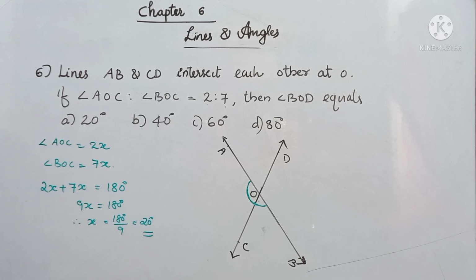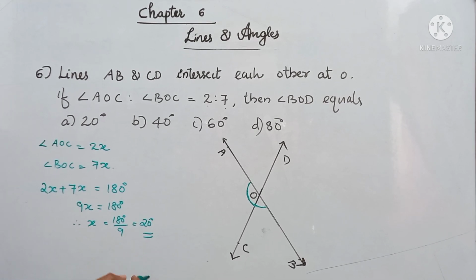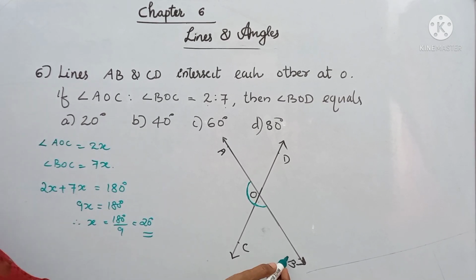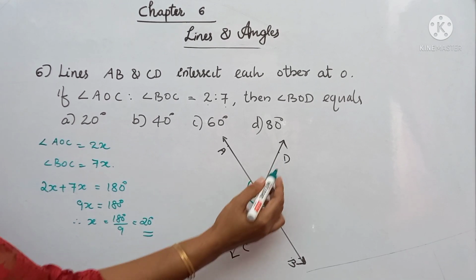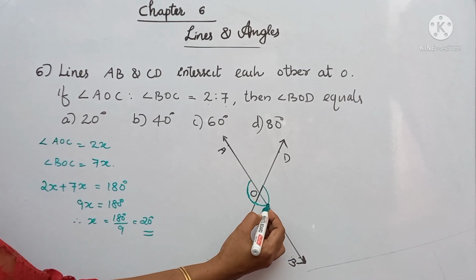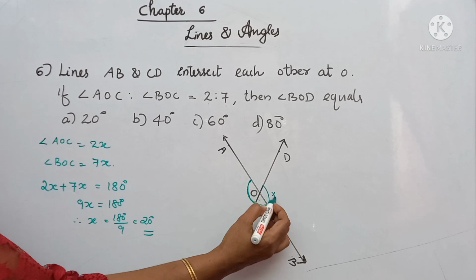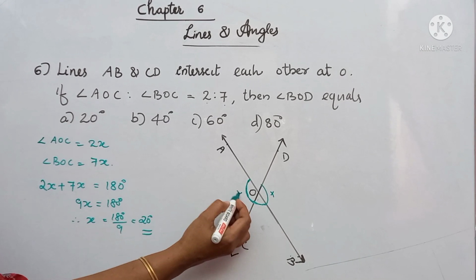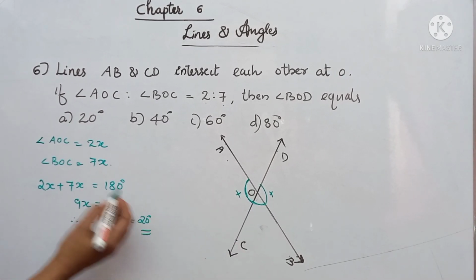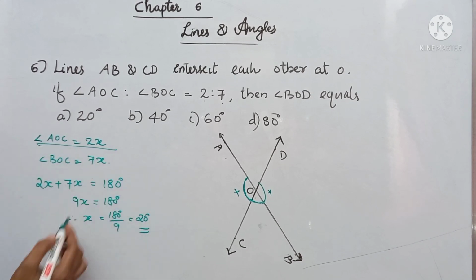Then here it is asked to find the angle BOD, the measure of angle BOD. This angle only it is asked. This angle is opposite to angle AOC. We know angle AOC is 2x.